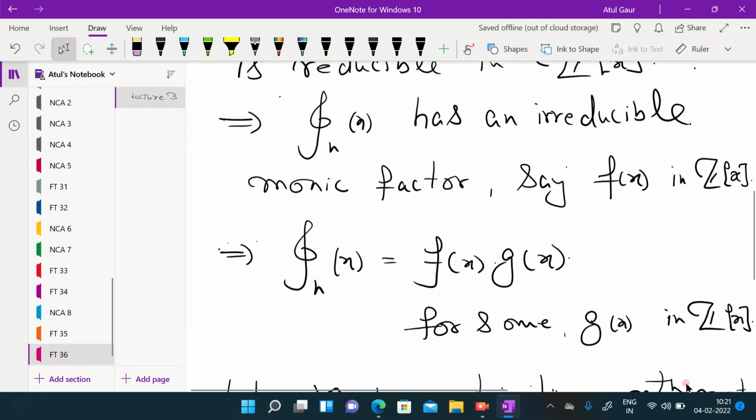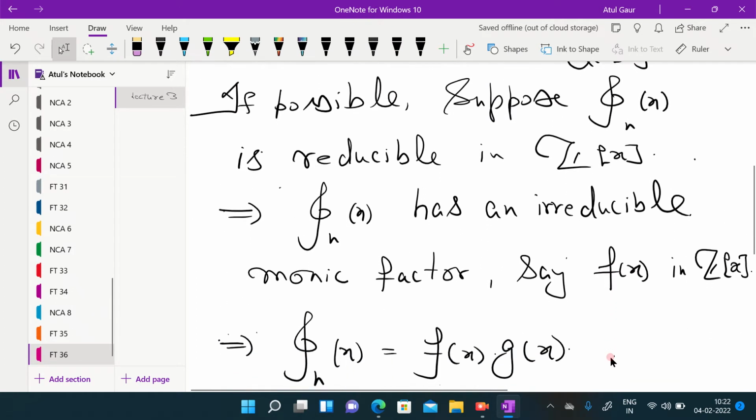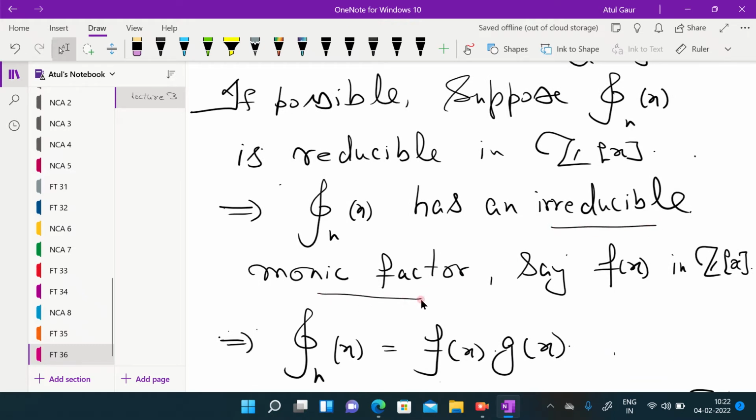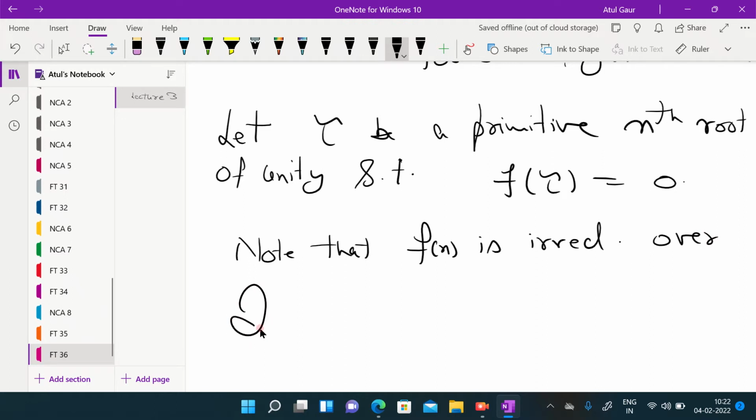So because f(x) is irreducible over Z, it remains irreducible over Q because Z[x] is inert in Q[x]. So note that f(x) is irreducible over Q as well.